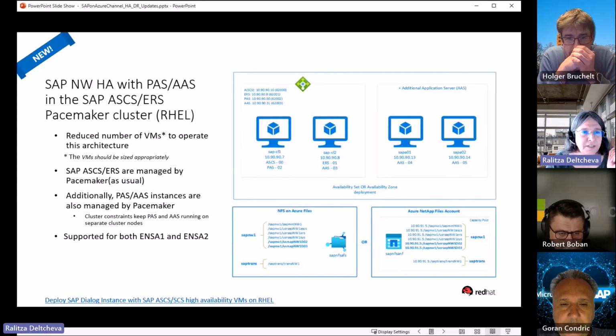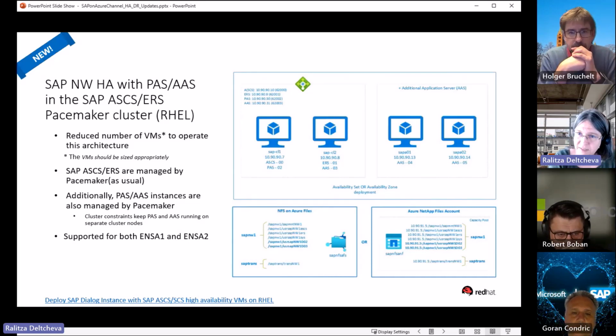The first reference architecture has to do with installing additional PAS and AAS instances on the cluster which is taking care of HA for your SAP central services. So you go through the configuration for central services, and then you can layer on top, adding two more instances.